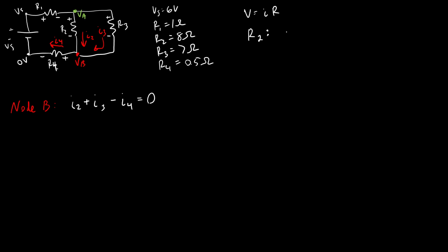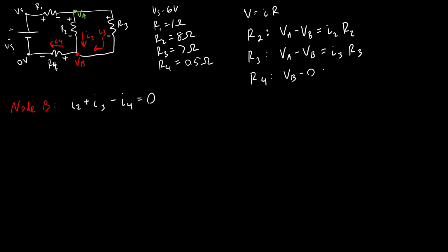The voltage drop over R2 is going to be VA minus VB. That's going to be equal to I2 R2. Do that for R3. The voltage drop over R3 is also VA minus VB equals I3 R3. And the voltage drop over R4 is simply VB minus 0, since it is connected to the ground node. And that's going to be equal to I4 R4.